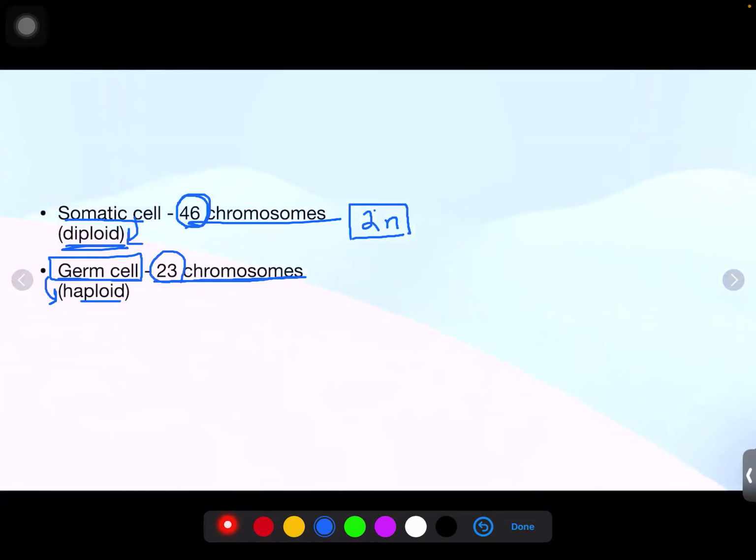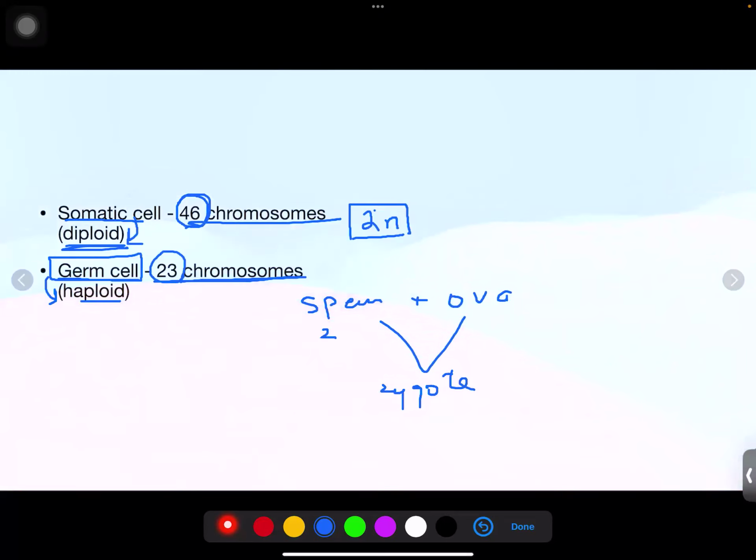These germ cells only contain 23 chromosomes, because when sperm and ova fertilize, they form a zygote. So 23 chromosomes from the sperm and 23 chromosomes from the ova unite and form a zygote, which becomes a fetus that will have 46 chromosomes, which will be normal.